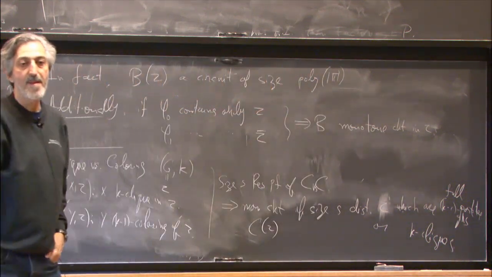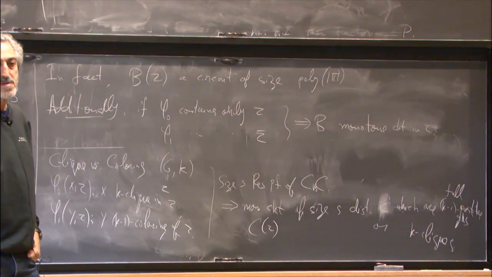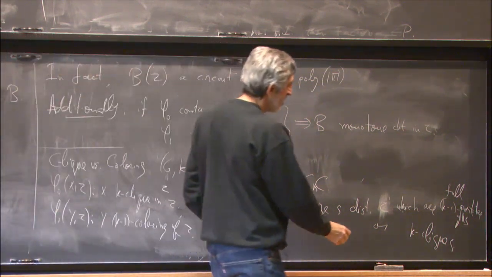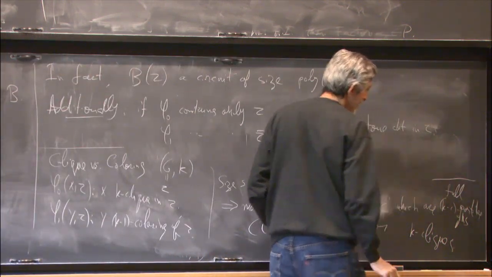The monotone circuit either says that there's no k-clique or says that there is. Yeah, so let me put a complement.